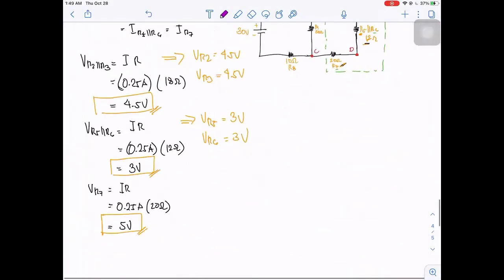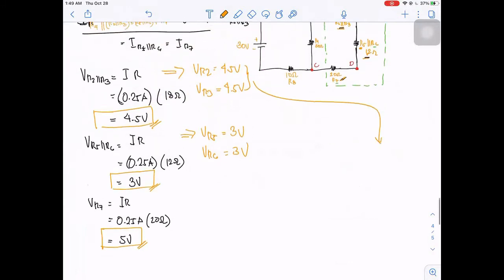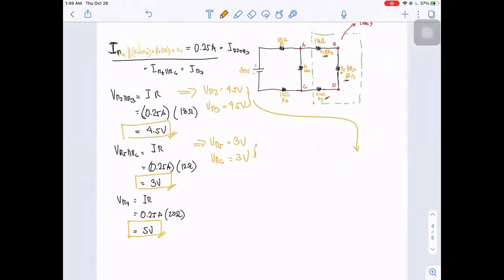So, okay. So for VR2 and VR3, since the voltage across these resistors are equal, we can solve for the current. So IR2 is equivalent to 4.5 volts over the resistance across R2, which is equivalent to 30 ohms.